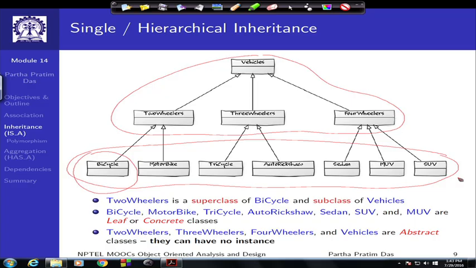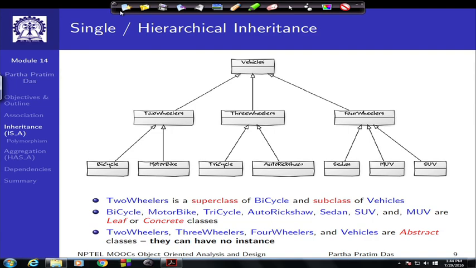Therefore, the specific bicycle that I own will have all the properties of a 2-wheeler class as well. But if I do not consider the leaf level, if I just want to create an instance of the 2-wheeler class, I will not be able to do that. That is the meaning that we are trying to convey. We will come to more refinements of this concept soon.